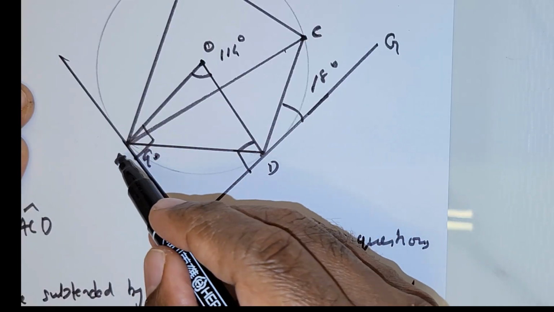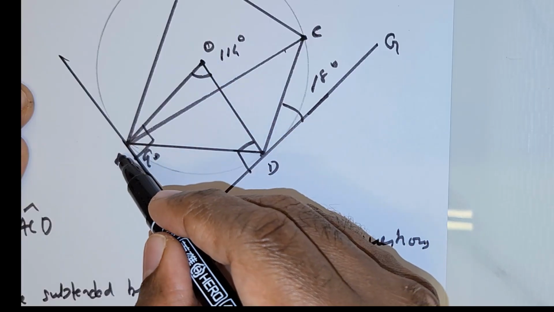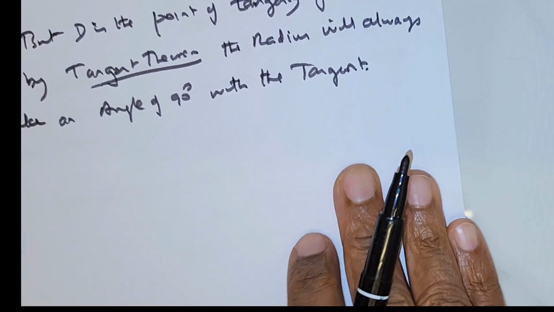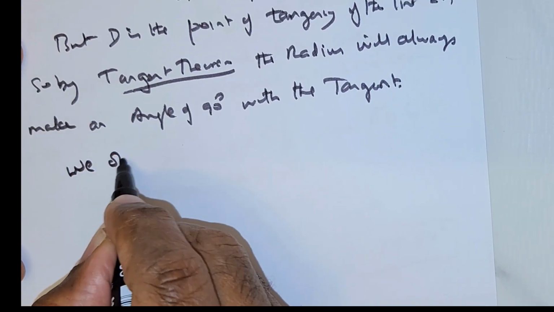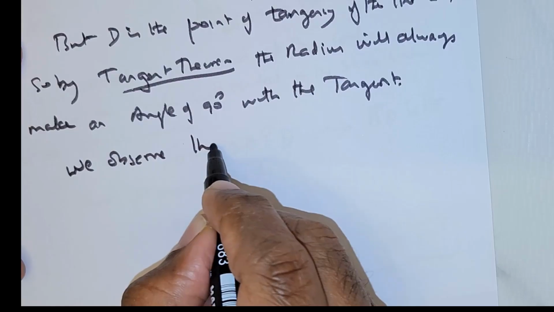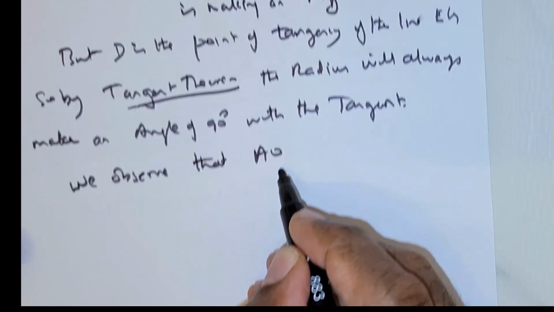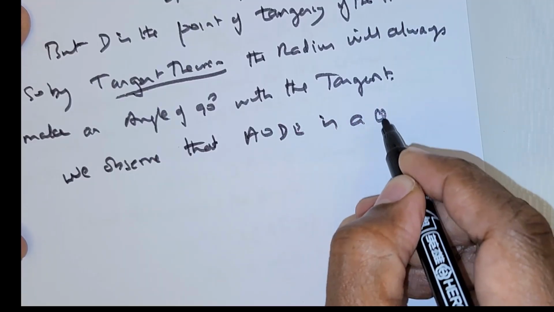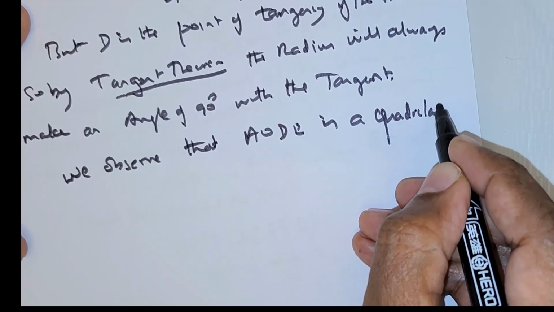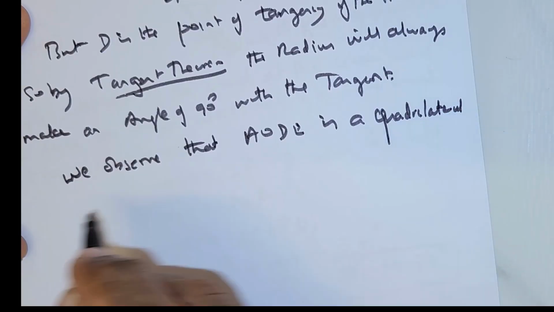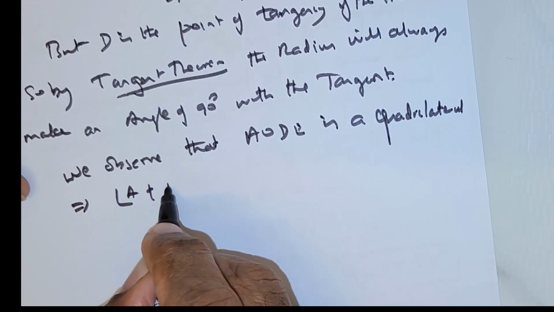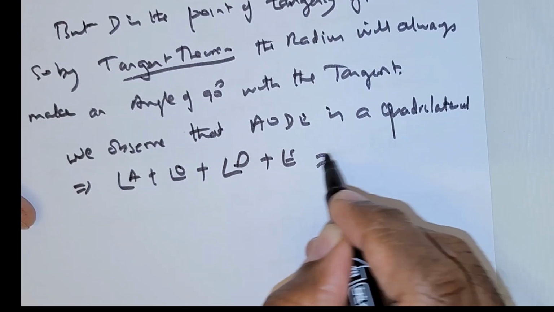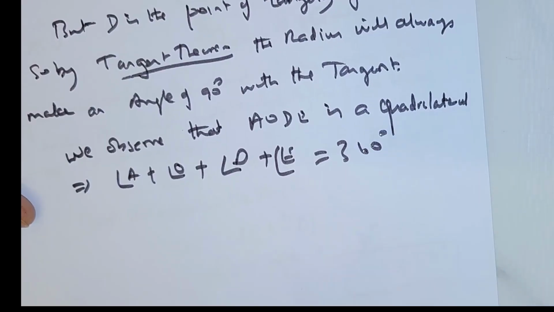So AODE is a quadrilateral. So this means angle at A plus angle at O plus angle at D plus angle at E is 360 degrees.